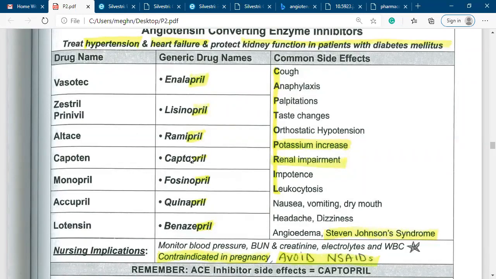If you prescribe or if you are monitoring a patient who has to take an angiotensin converting enzyme inhibitor, we always have to monitor the blood pressure because antihypertensive medication always can cause hypotension, like with anti-diabetic medication, insulin may have a chance to develop hypoglycemia.